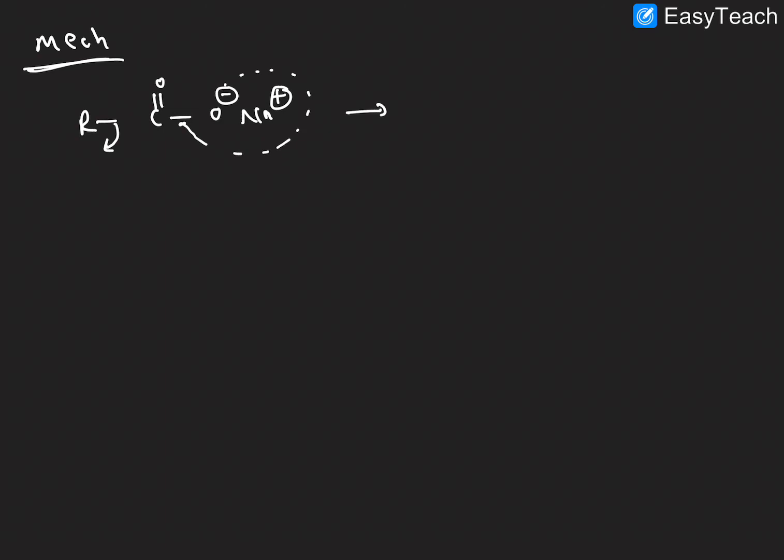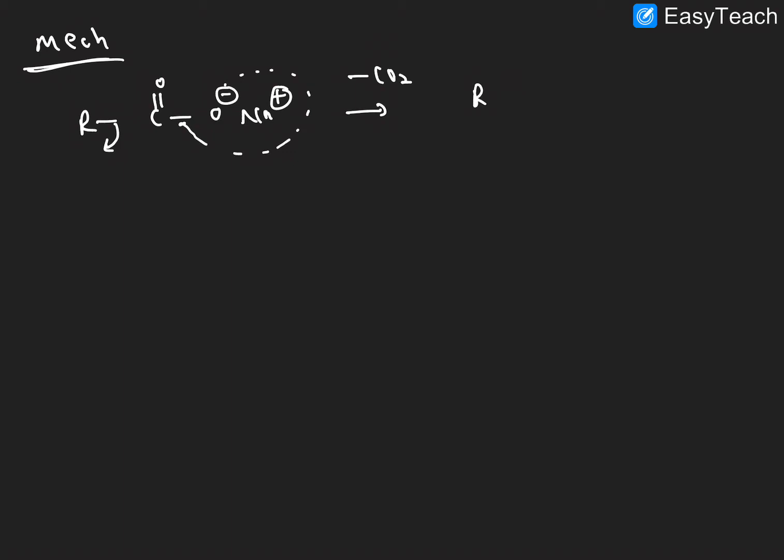What is the mechanism of this reaction? We will see here. The mechanism: the sodium carboxylate salt, this is plus and this is minus, bound like this, and this is coming out.